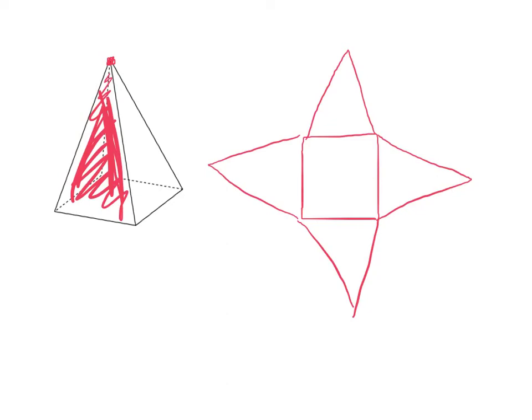From there, I would need to figure out the measurements. So for example, if I knew this was a square base where each of these were 5, and let's pretend my height was 6, that's going to be my height for each of these. That means for the square base, my area would be 25 units squared.